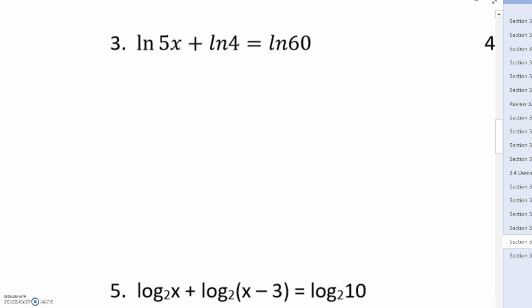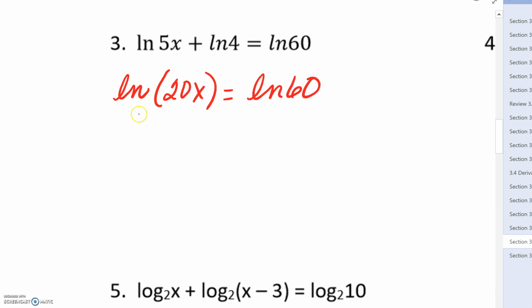So let's see what we've got here. In number 3, we have two different logs on the left-hand side, so we're going to have to start by combining those. This is the sum of two logs, so we know that's the log of the product of those. And 5x times 4 is 20x.